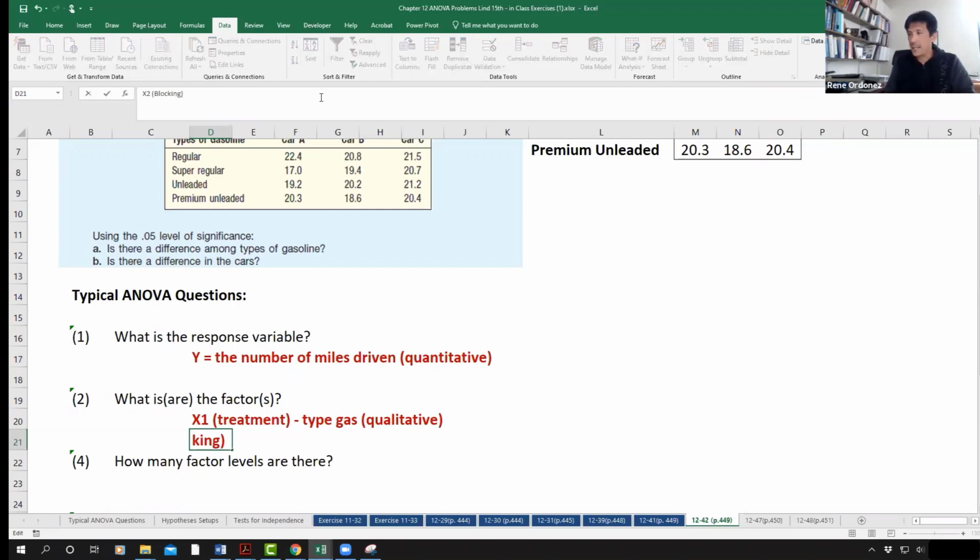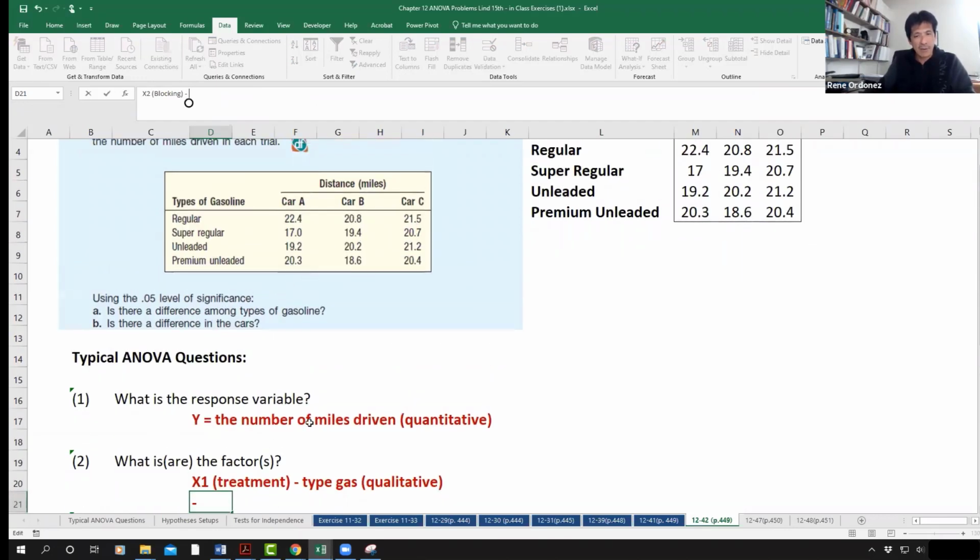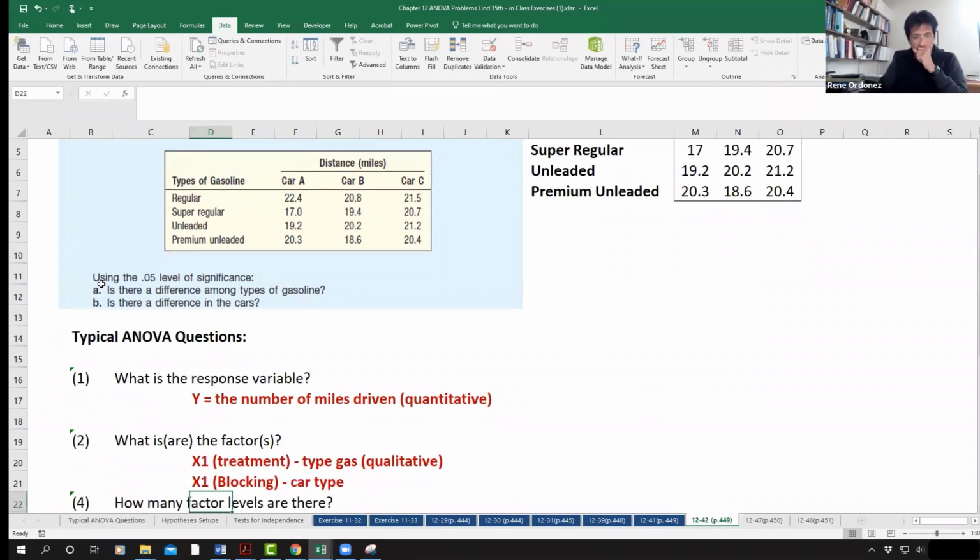What was that you said, David? The car, like car A, car B, car C. Okay. Okay. We kind of reverse this. I was just going to say, isn't that the other way around? Yeah. So I'll just replace this with 1 would be the car type, and then this would be X2. All right. This is also qualitative.